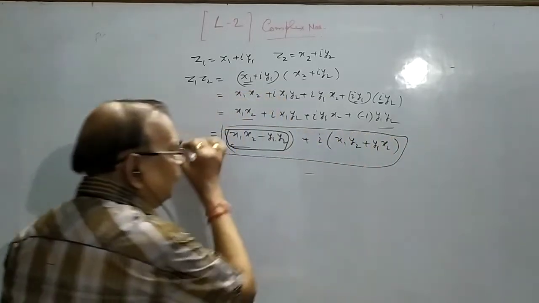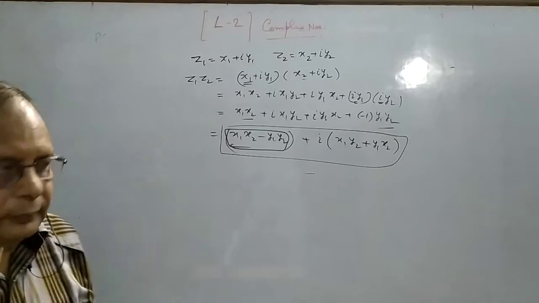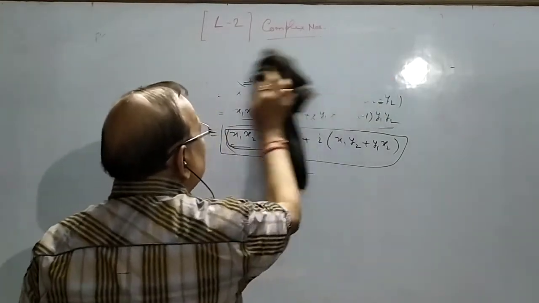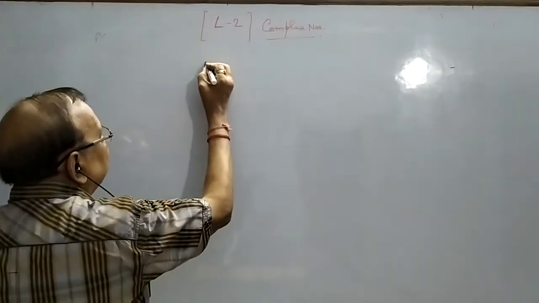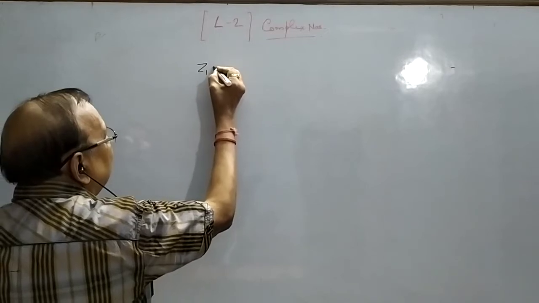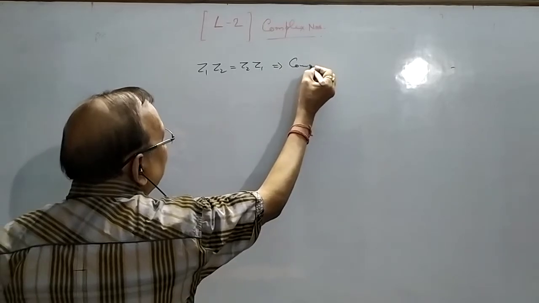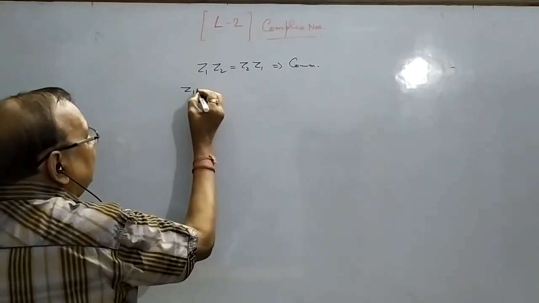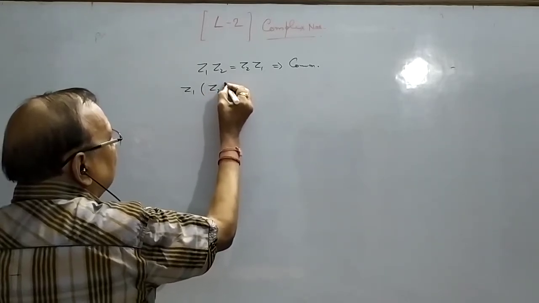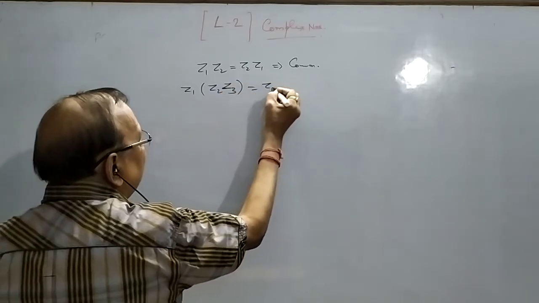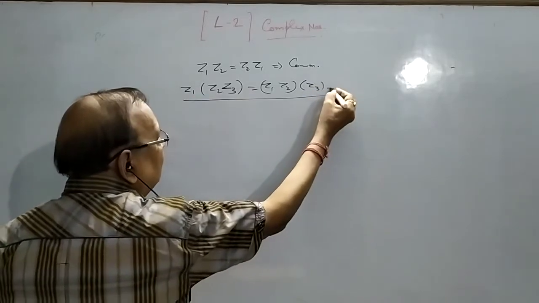That is the multiplication. Now, the properties of multiplication are the same, applicable in the number system. That is, z1 z2 is equal to z2 z1, that means commutative property. z1 into z2 into z3 is equal to z1 z2 z3, that is associative.